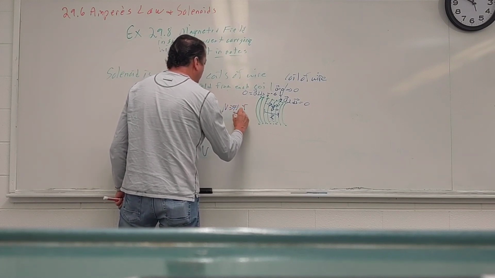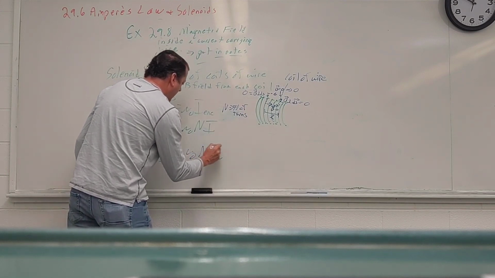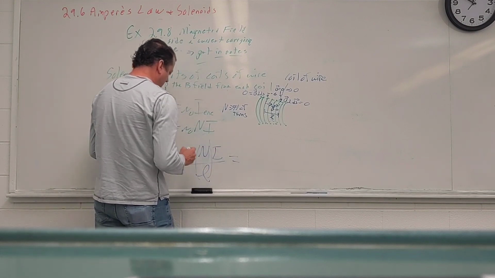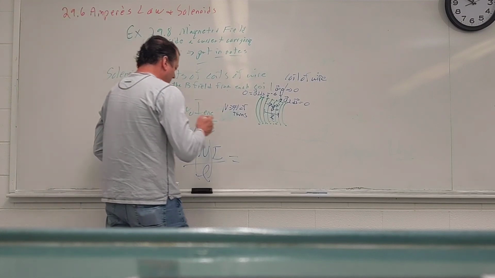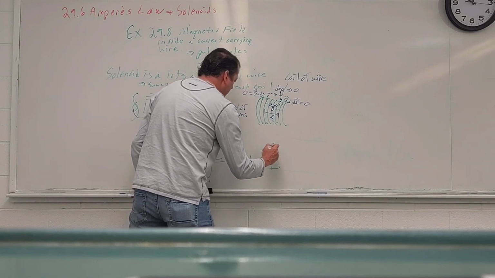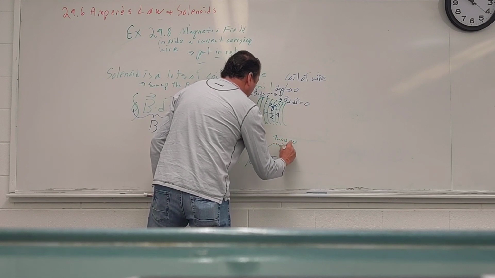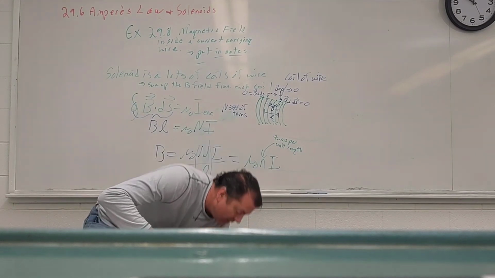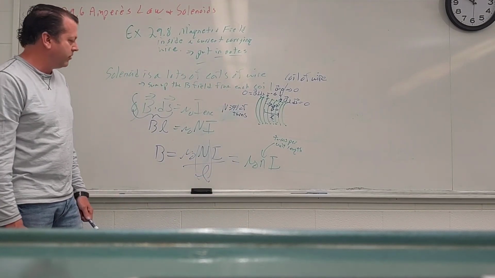Sometimes they'll make this a ratio and say that's turns per unit length, and they'll write mu naught little n I, where little n is turns per unit length. It's a normalizer. But this is really all we need to know for that. Okay?